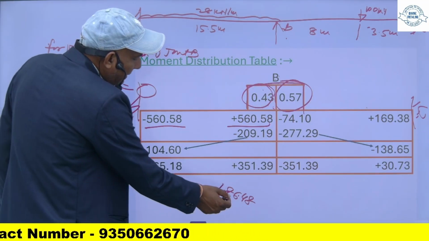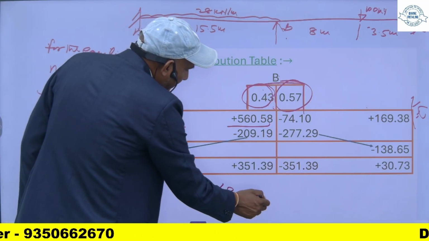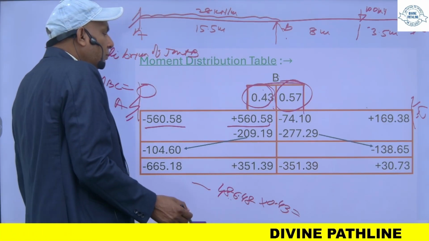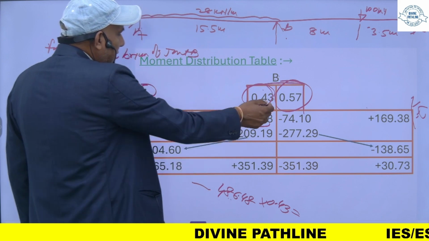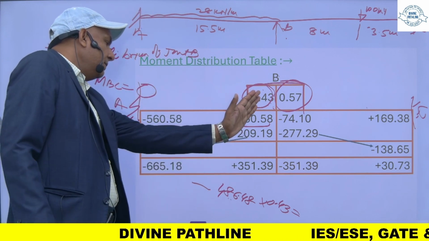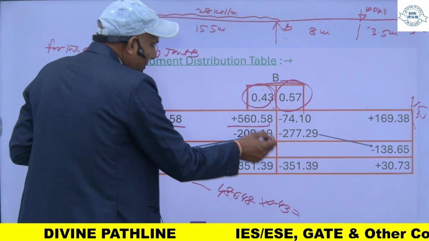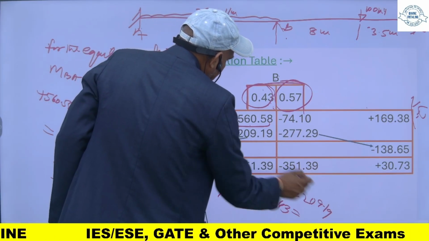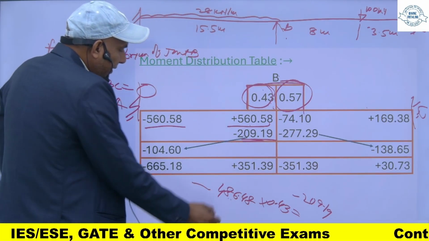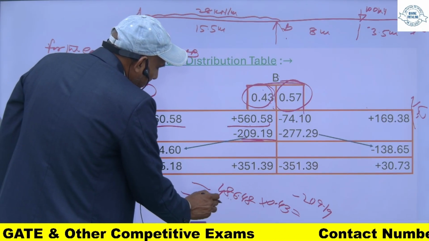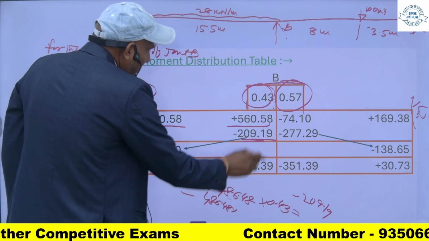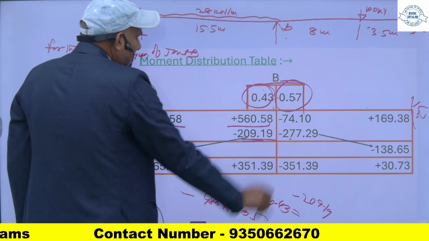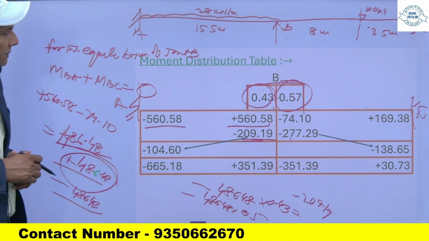So when you multiply this by the distribution factor for this member, you will get the moment for BA, which is minus 209.19. And when you multiply this value by the distribution factor of this one, you will get minus 277.29.